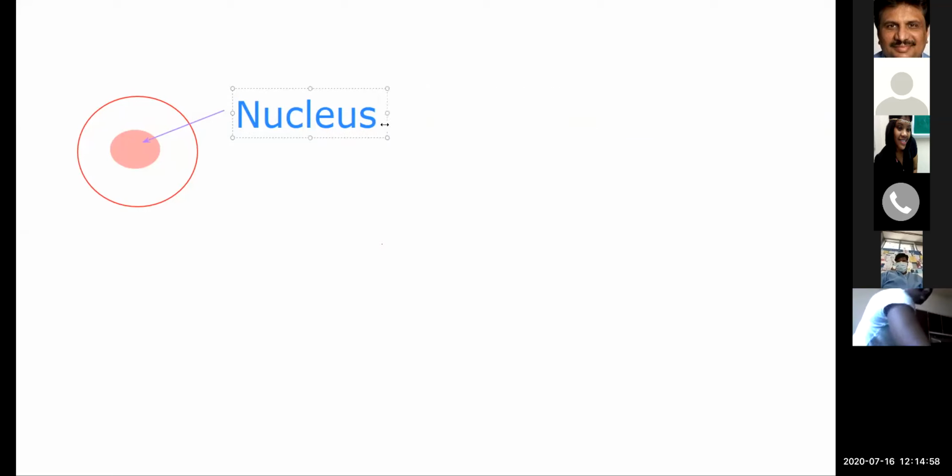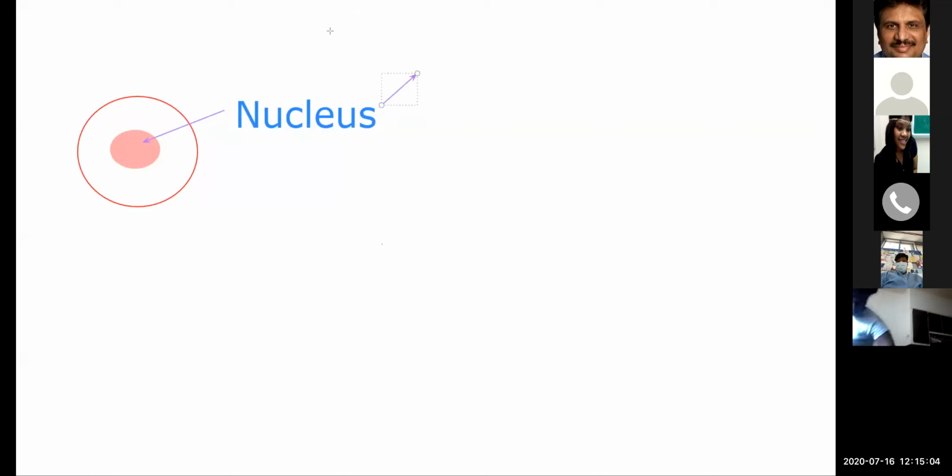This atom has a central core particle that is called the nucleus. This nucleus is composed of two particles.